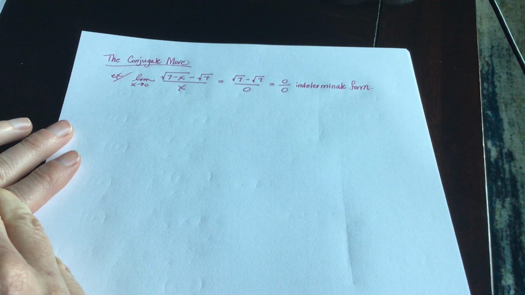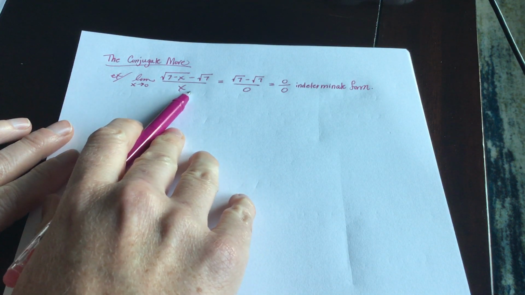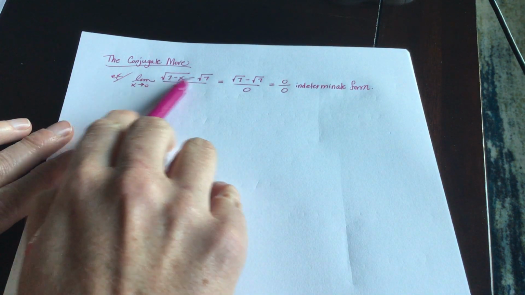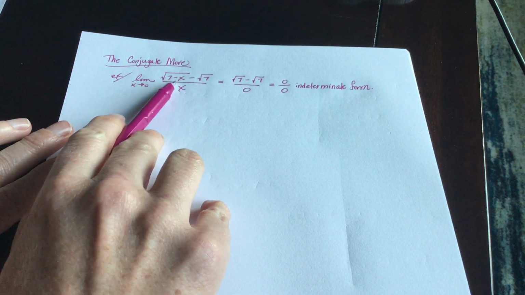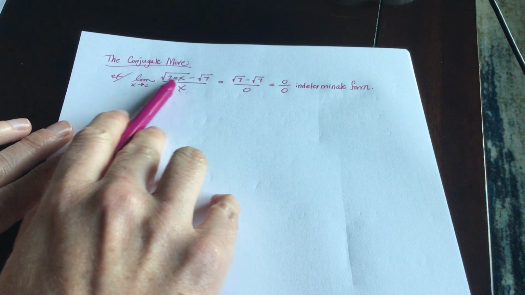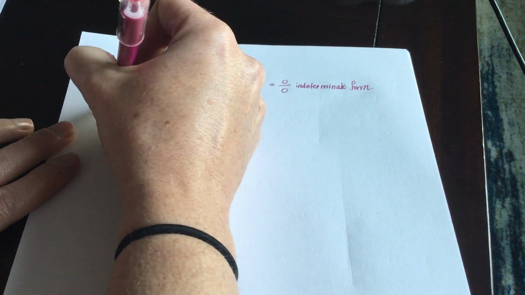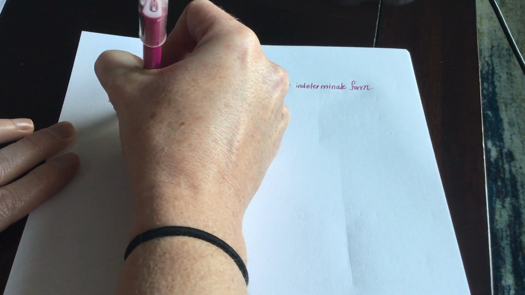Okay, so I hope you can see here that factoring and canceling is really not an option with the way things look. And so that's where, in this case, we'll be rationalizing the numerator by multiplying by a creative version of 1 where we use the conjugate of this expression. So we would say that this equals, that's right, you're going to write the limit as x approaches 0 again.